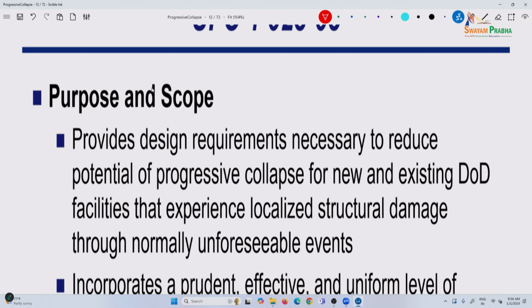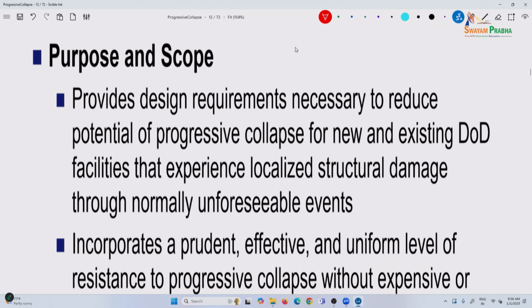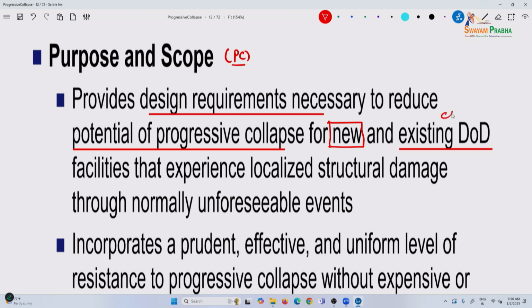So, what is the purpose and scope of all this of progressive collapse? It provides design requirements that are necessary to reduce the potential of progressive collapse, primarily for new structures. In existing ones, it may be a challenge.